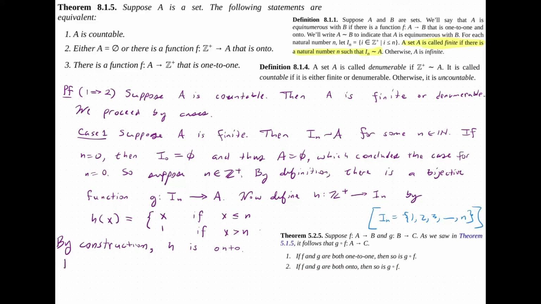So by theorem 5.2.5, the composition g composed h, which we define to be f, is a function going from the positive integers to A, and it is onto. And that takes care of case 1. And so now we have our onto function. So let's proceed and do now case 2, where A is infinite, but specifically it's denumerable.